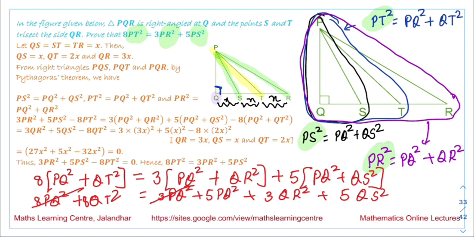Now all these lengths we have considered, their value is x. So we substitute these values over here. In place of QT, we get 8 into 2x square.